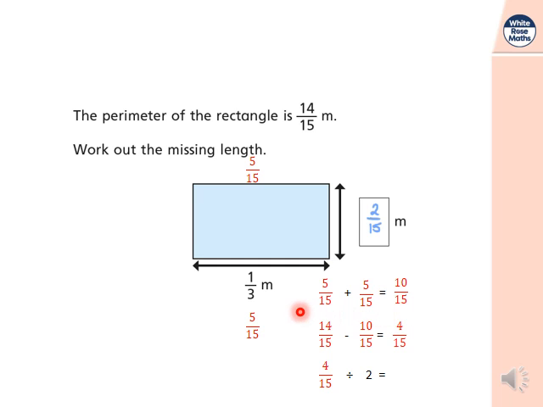And then to find out our widths here and here, we could have done 14/15, take away 10/15 equals 4/15. So this width and this width together are 4/15. Then we would have had to divide 4/15 by 2 to find out that one length, which was 2/15. Well done if you managed to answer that one.